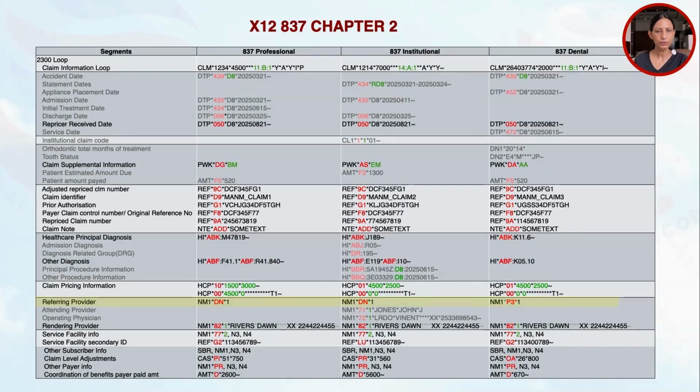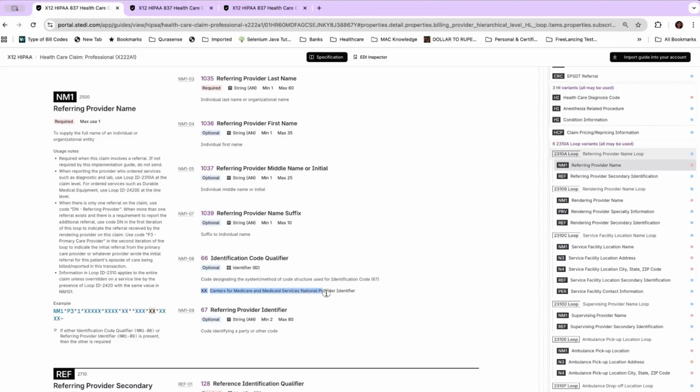Then NM102 here will carry a 1 because a provider will always be a person. Then just like we had for the billing provider in the 2000A loop, here also in NM108, we have XX, which identifies NPI. So the NPI ID will go in NM109.